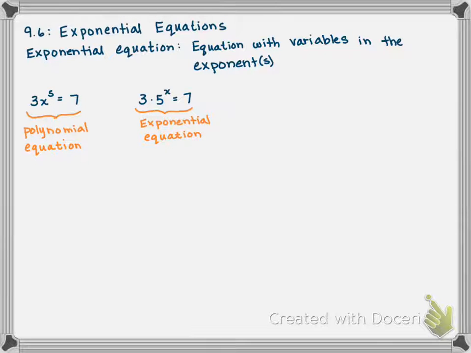And there are two ways to approach these. The first we're going to talk about is called relating the bases, and when you can't relate the bases, we have another way of doing it. But today we're just going to talk about relating bases, and that relies on the idea that if you can make everything about both sides exactly the same except for one thing, you can conclude that that one thing has to be the same as well.